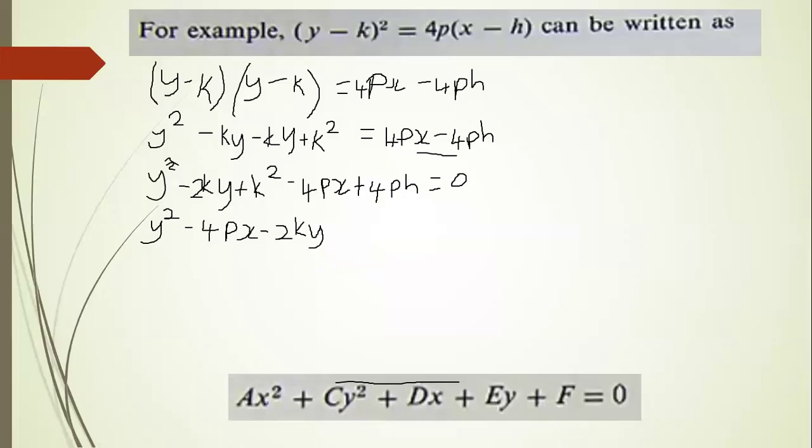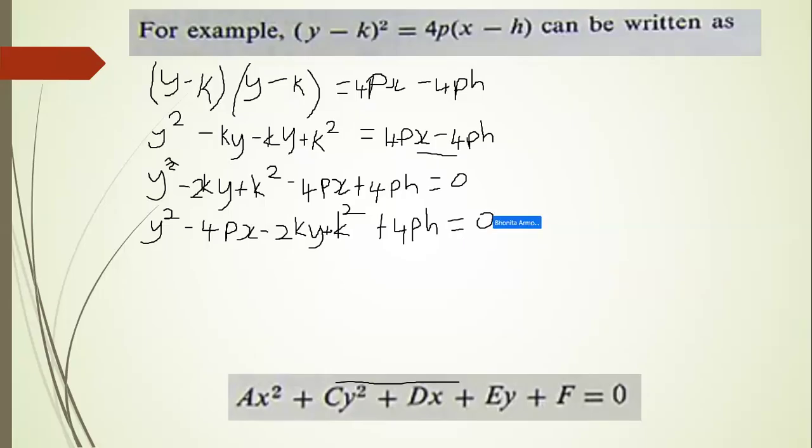And then we have our constant f, which would be what is left here: k squared plus 4ph equals 0.